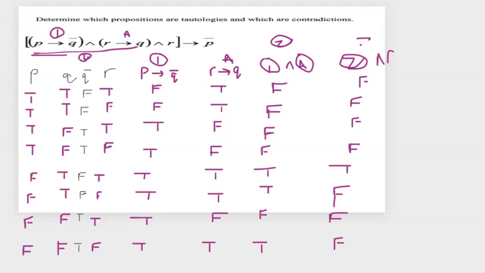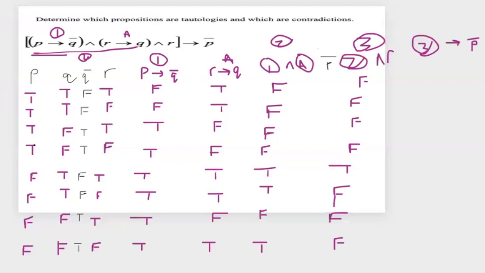Let's call this 3. So all of this implies negation of P. So it is 3 implies negation of P. Now I didn't do negation of P. So in this space, I can put it beside, just so that it's close.